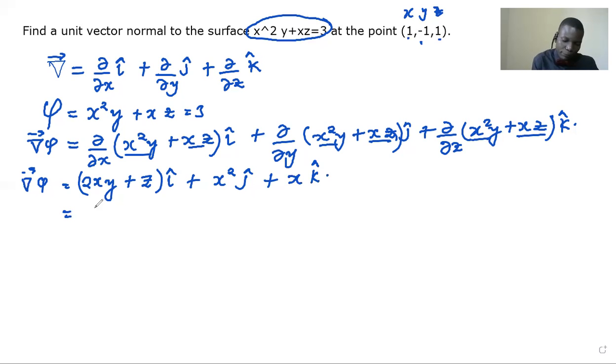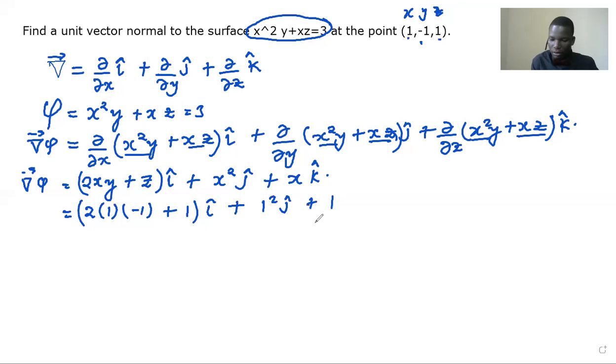After substituting, we get 2 times 1 times -1, plus 1, and then here we get 1 squared j, and here 1 k. If we do the mathematics, we get -2 + 1, which gives us -1, so just -i, then j, and k.